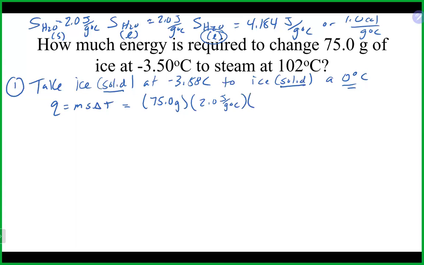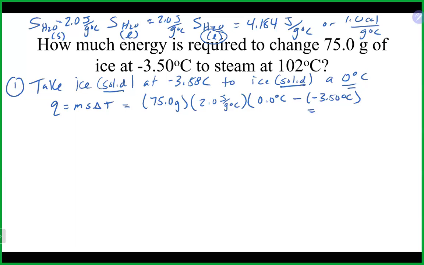Remember that always when we do change in temperature, it is the final temperature minus the initial temperature. So in this case, it is 0 degrees Celsius minus a negative 3.5 degrees Celsius. Again, those two negatives are going to turn my energy value into a positive number.